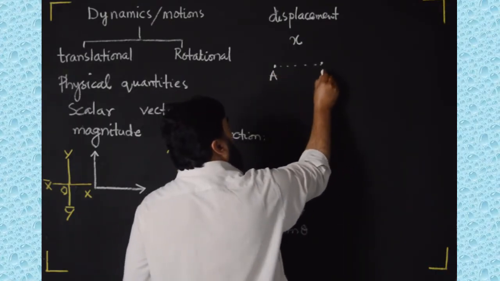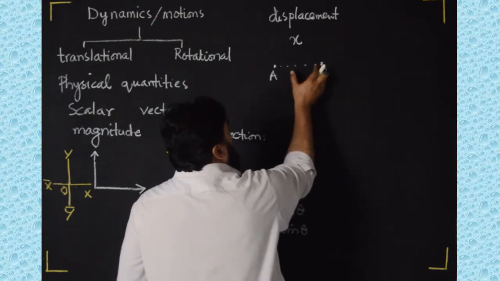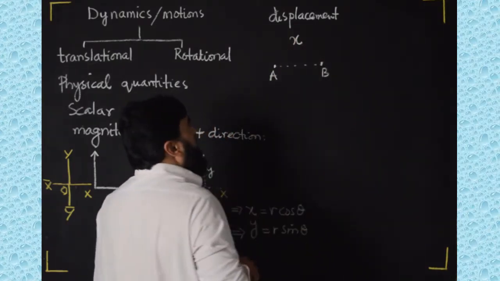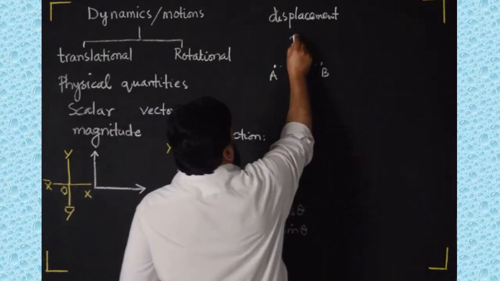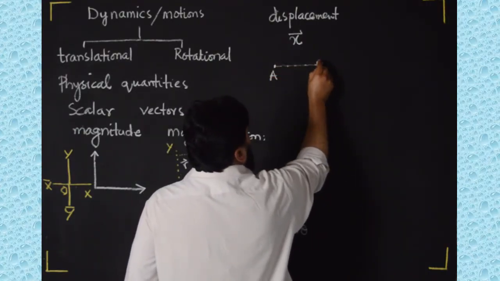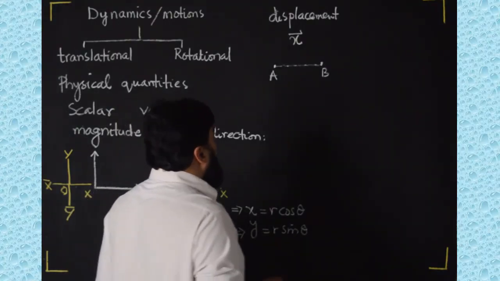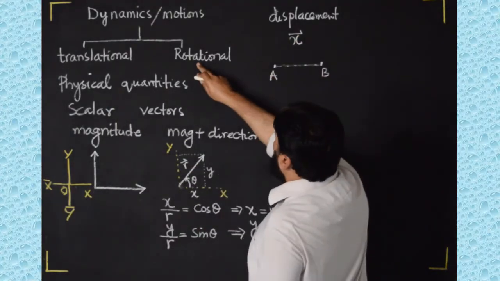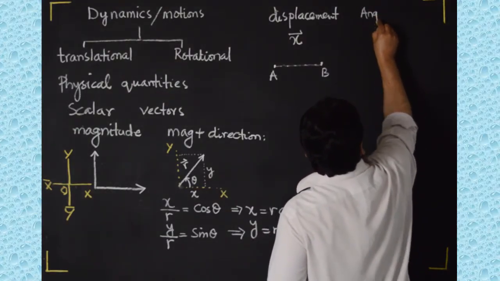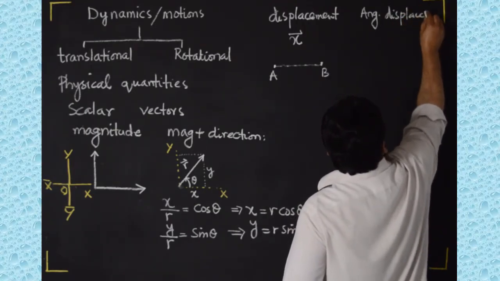So from point A to point B, this distance in a straight line, which we call the shortest distance between two points, we call this displacement, and it's a vector quantity because in a straight line it will have one direction only. And then we have its rotational counterpart, which we will call angular displacement. Now what is angular displacement?